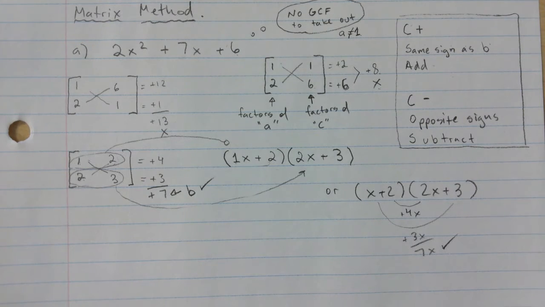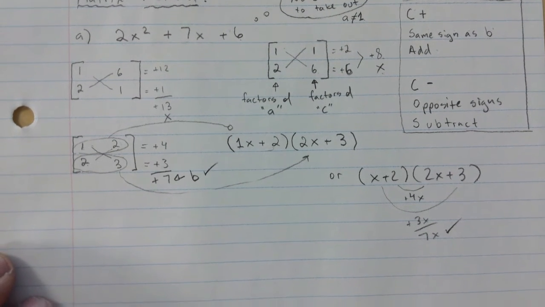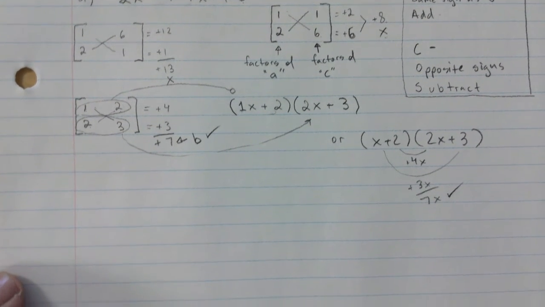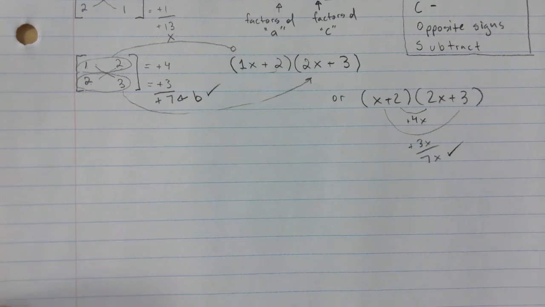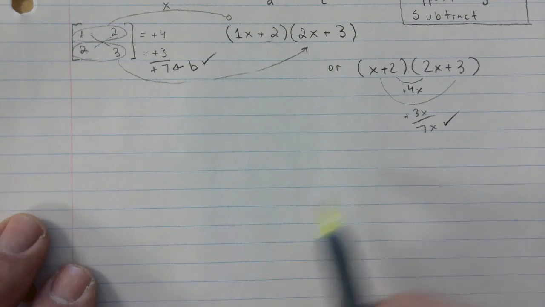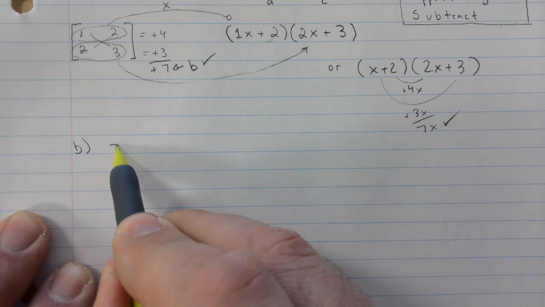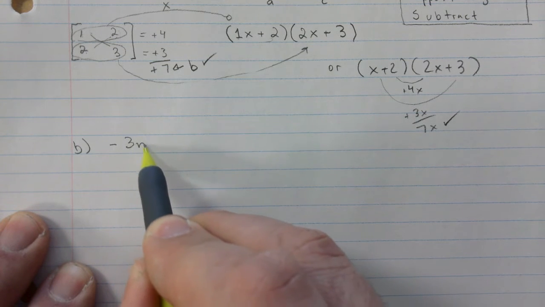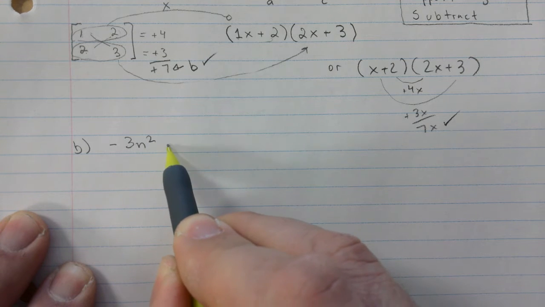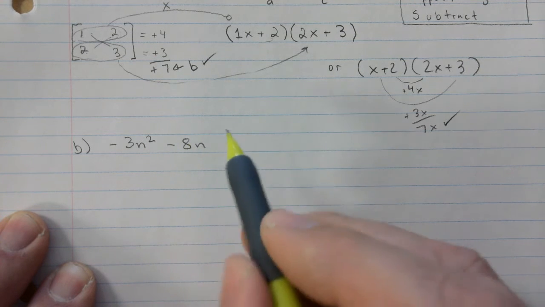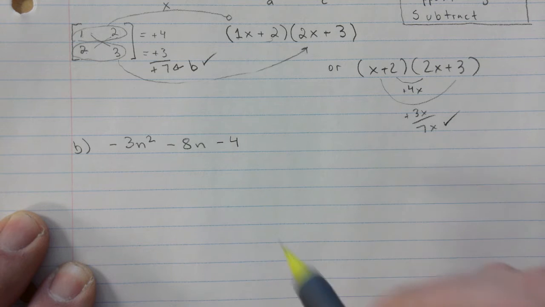Okay, let's try some more. Okay, B, we have negative 3n squared minus 8n minus 4.